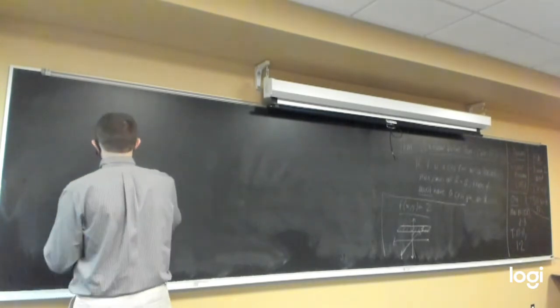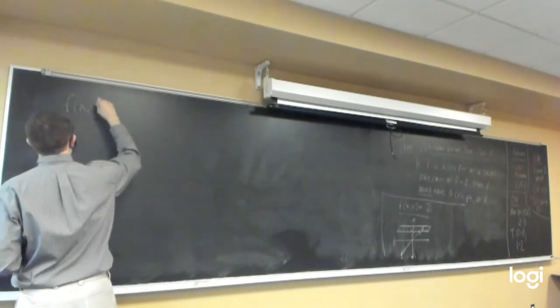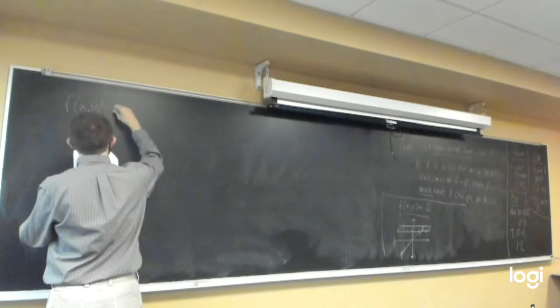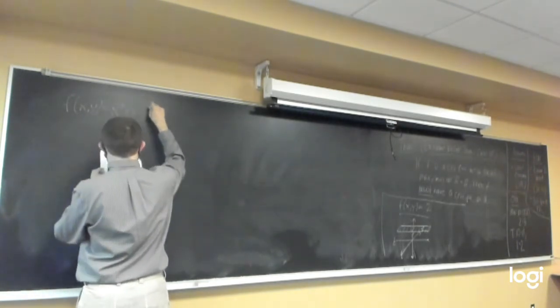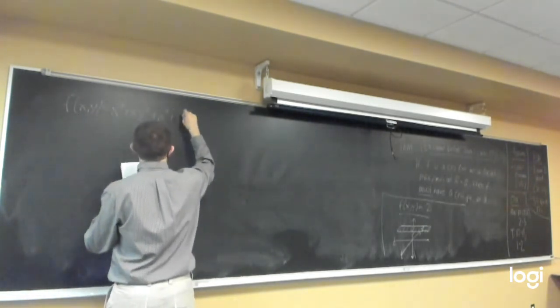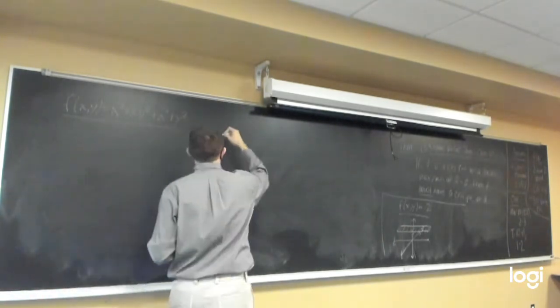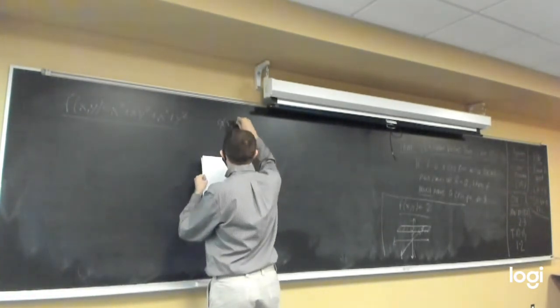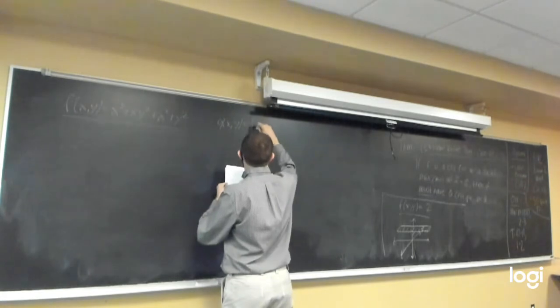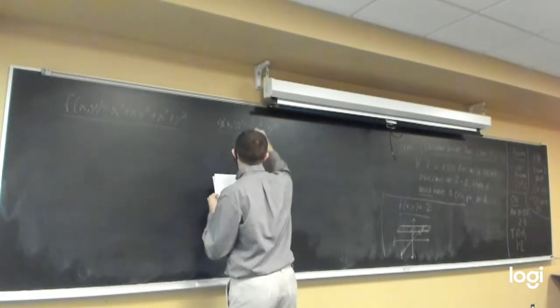These are all going to be from R2 to R. f of x, y equals x cubed plus x y squared plus x squared plus y squared. g of x, y equals 1/2 x squared minus y squared.